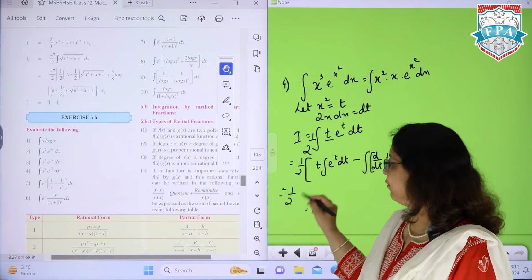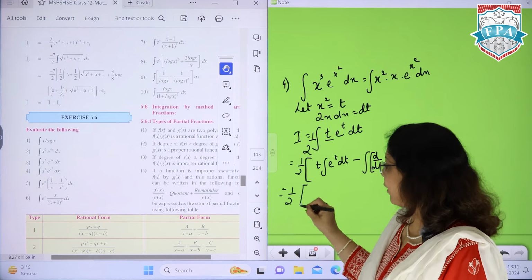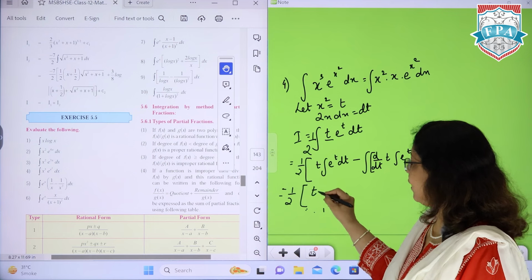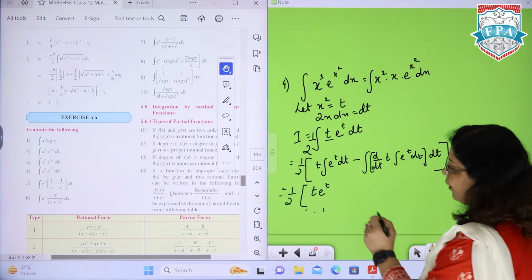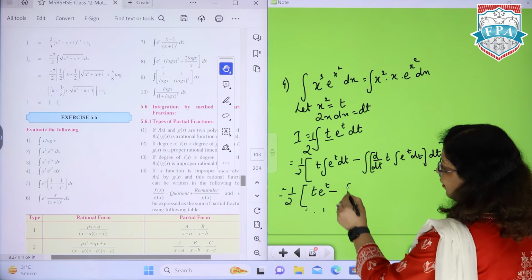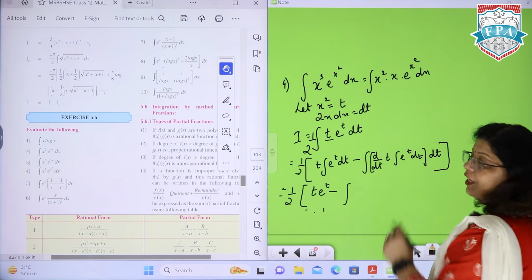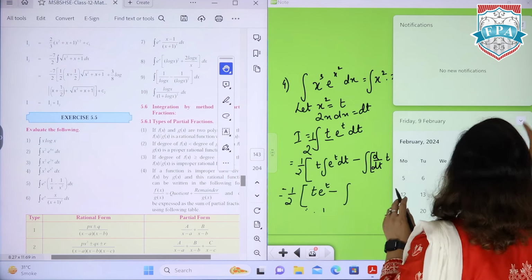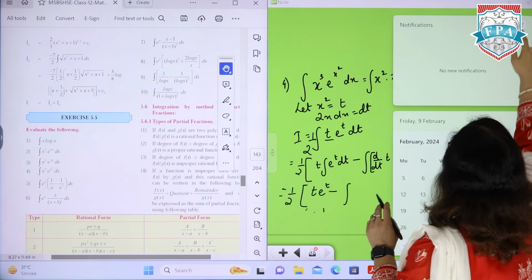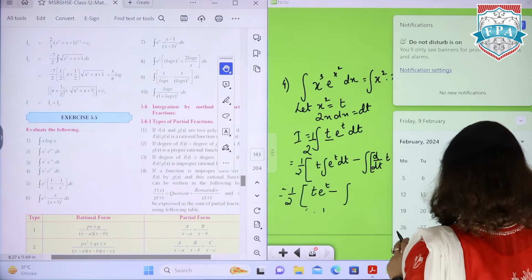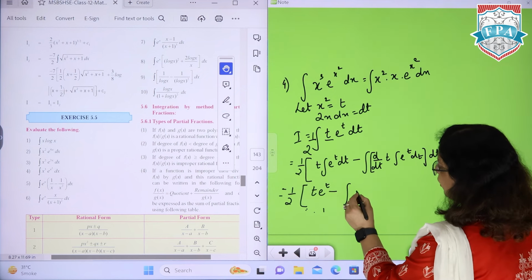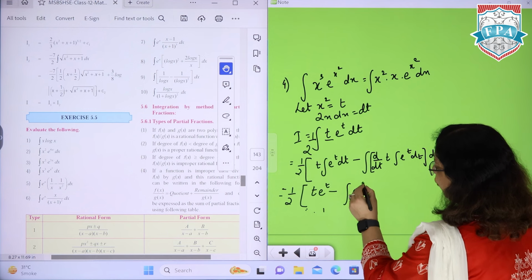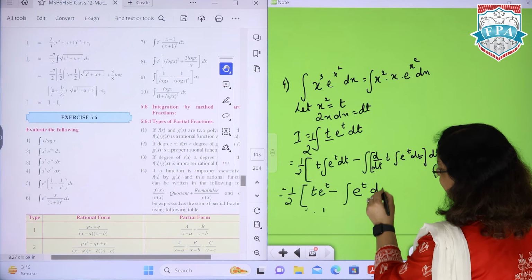So this is half. This part becomes t e to the power of t because integral of e to the power of t is e to the power t minus integral d by dt of t is 1 and this part is again e to the power t dt. So it becomes e to the power of t dt.